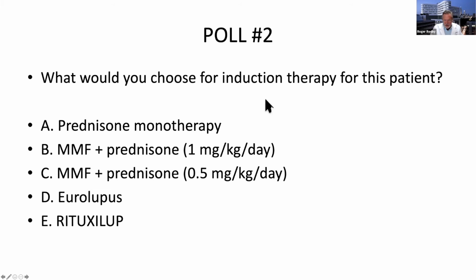About a third opted for MMF with a lower dose of prednisone. Nobody bought Urolupus, and a couple of people bought into the rituximab treatment option. So that's a lot to think about.